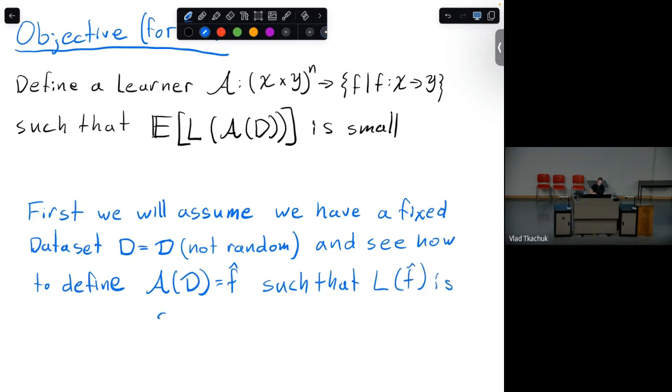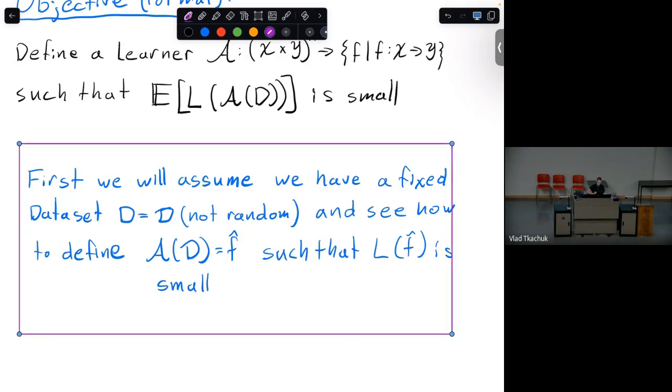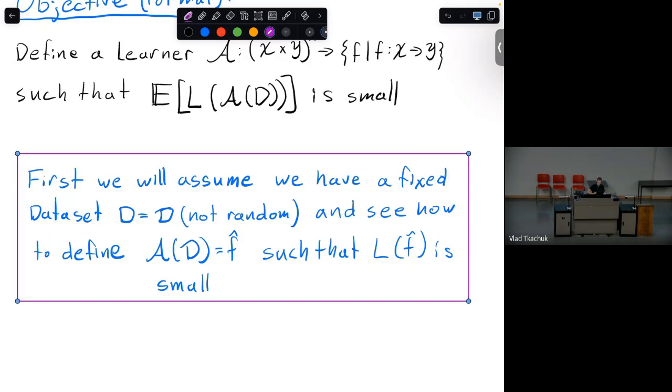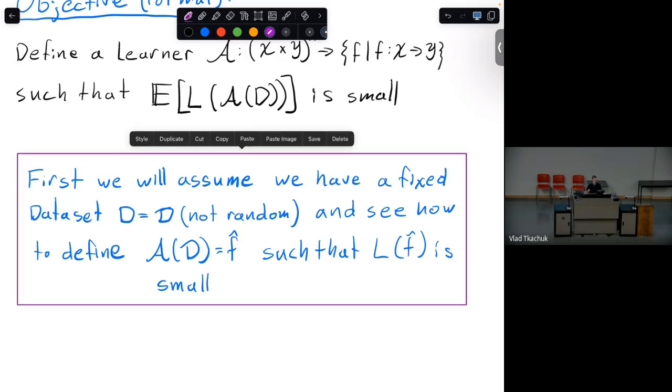This is going to be really the story for a large part of the next section. And understanding this is maybe the most important part of the course. And then after, we'll deal with this random data set. So I can end there. In the next class I'll start with explaining very briefly the approach and then going over the parts. But yeah, that's going to be our goal: find this predictor.